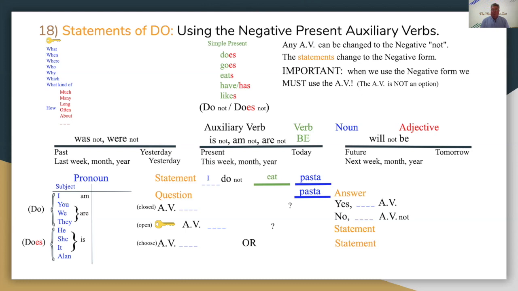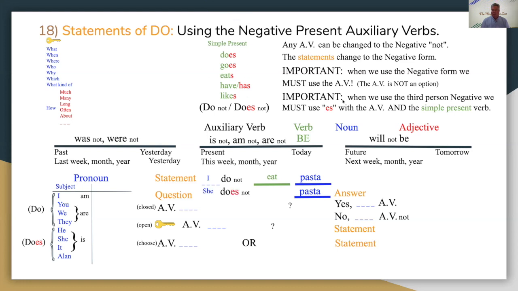When we use the negative form, we must use the auxiliary verb. In the positive form, it is an option, but in the negative form, it is mandatory. We must use it. I do not eat pasta. Or she does not eat pasta. Okay, now that's very important.